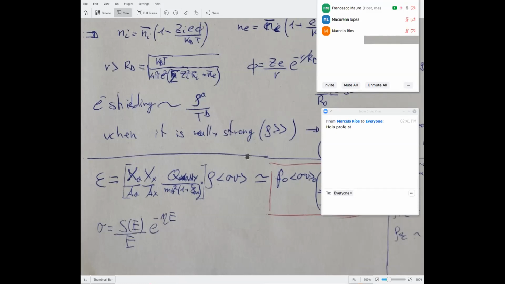Tengo una pregunta, profe, pero es como en general. Esto no lo pude encontrar en el Dina. This part is not really well in the Dina. Dina es muy rápida en esta parte. Lo pone un poco más en el otro libro, quello que tenía Gasimov.